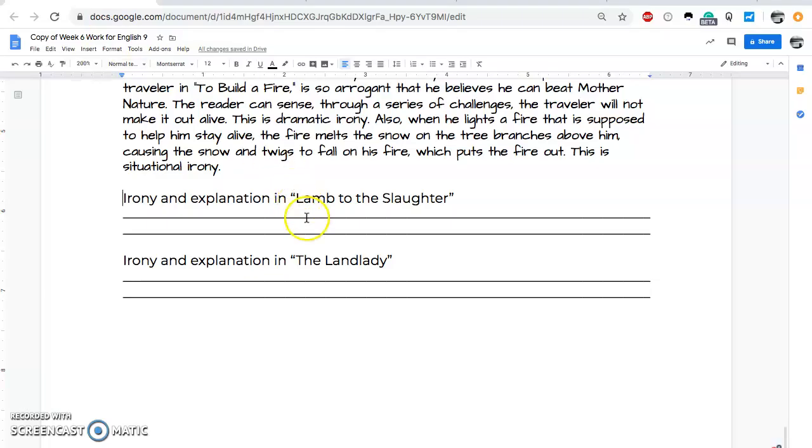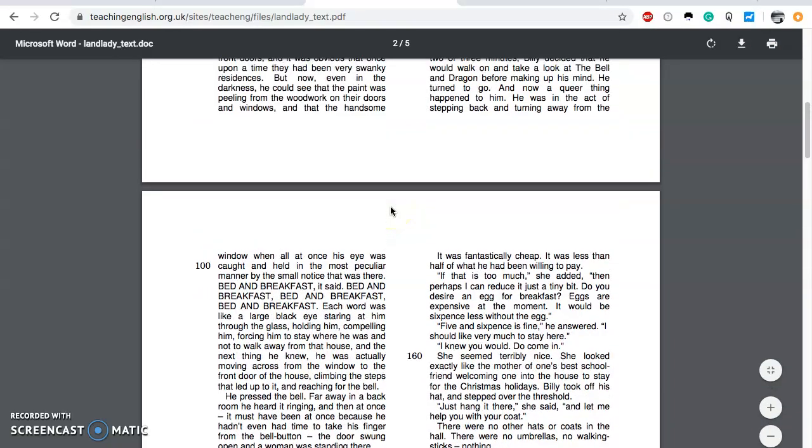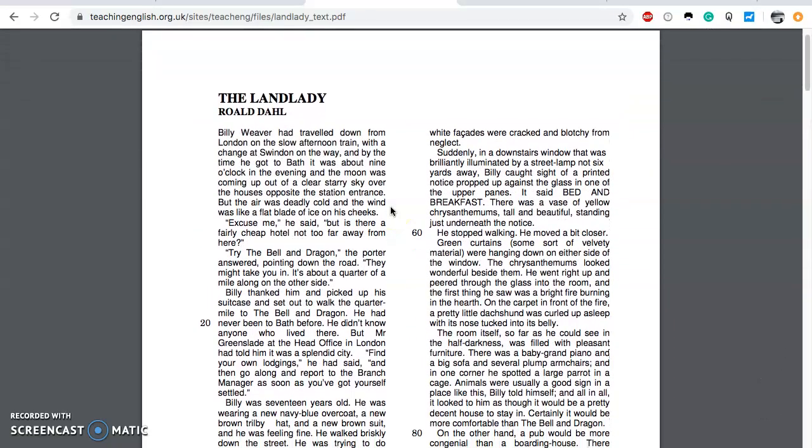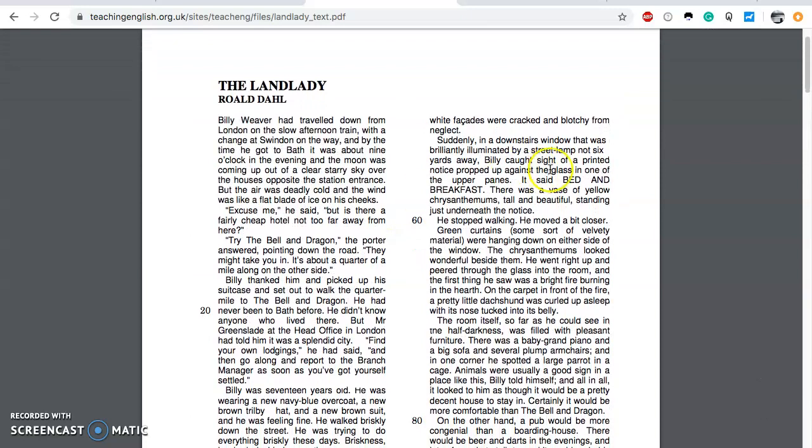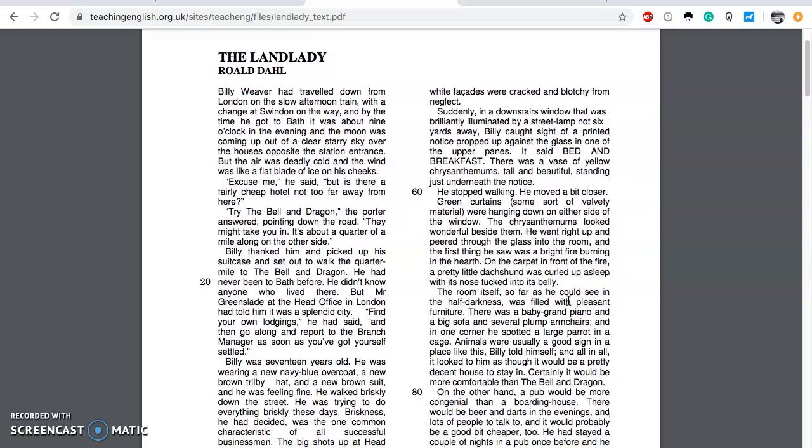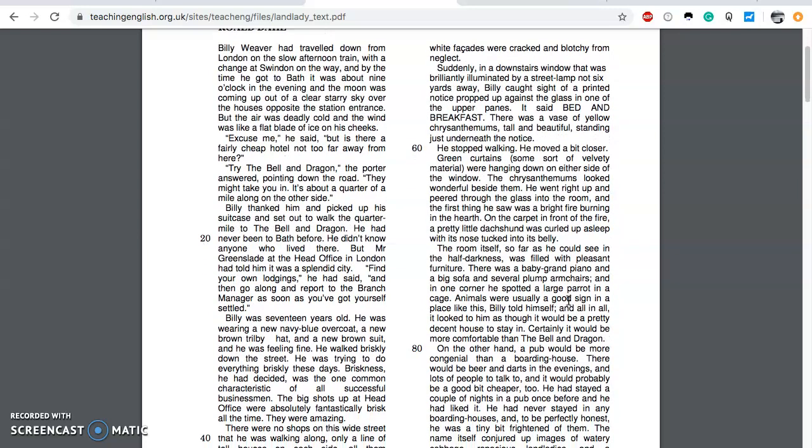And again, it's similar to The Landlady because poor Billy Weaver, when he first sees the bed and breakfast sign, he was just kind of in awe as to how beautiful the house looked and how peaceful and perfect it seemed to be.